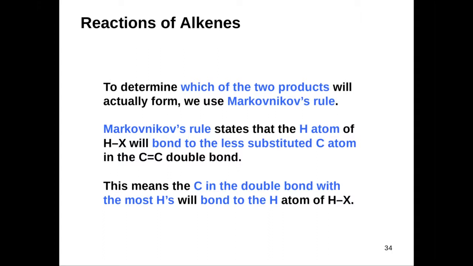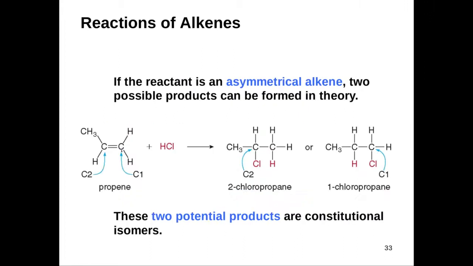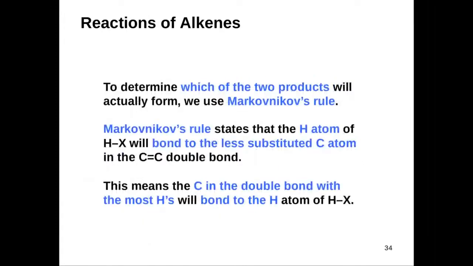His rule states that the hydrogen atom of an HX will bind to the less substituted carbon atom in the C=C double bond. So in this situation, the chlorine will bind to the more substituted one. This means that the carbon in the double bond with the most hydrogens will bond to the hydrogen atom of the HX.